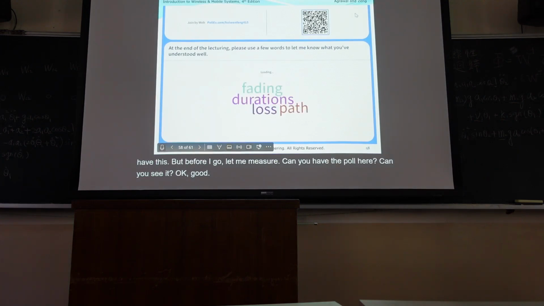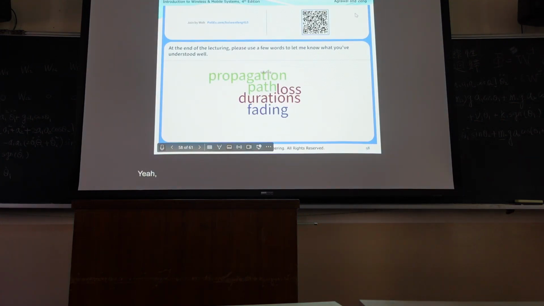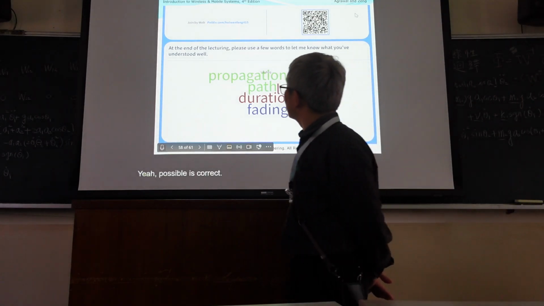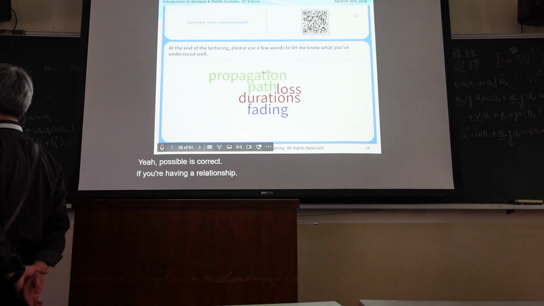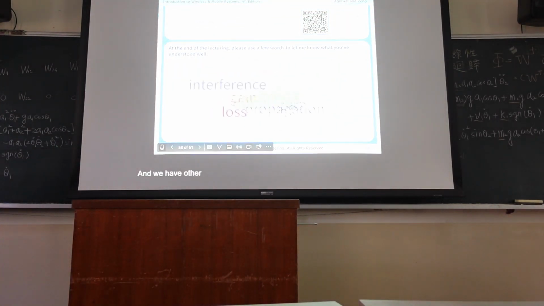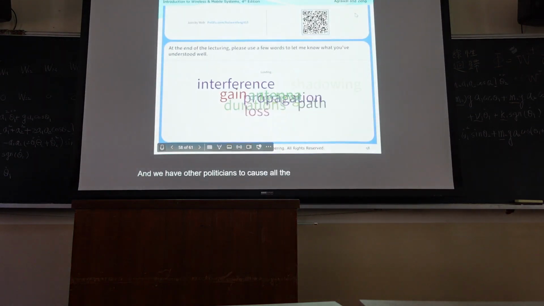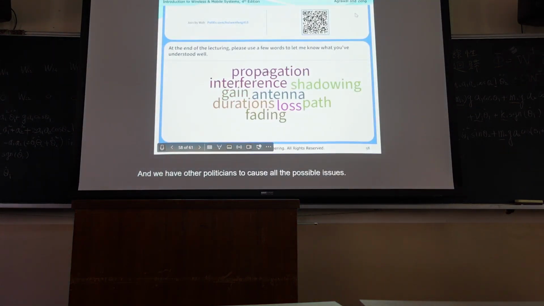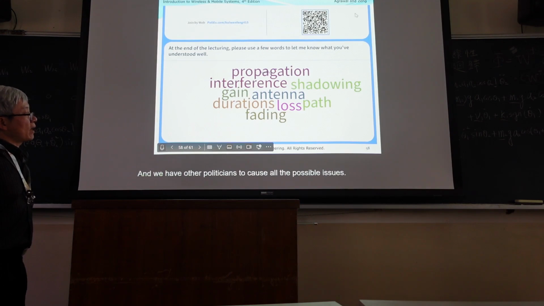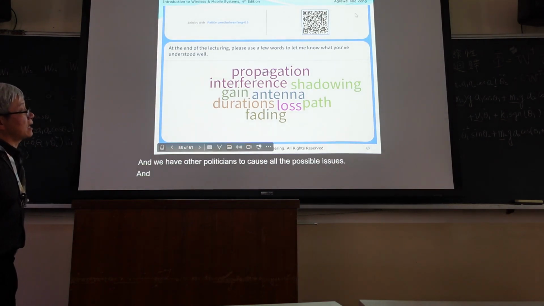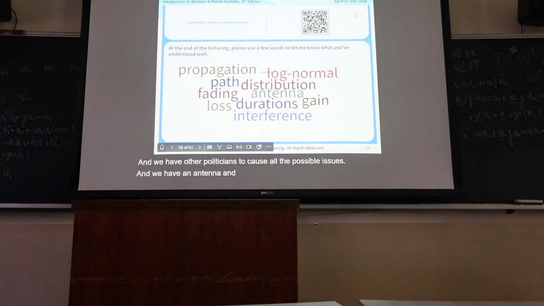Yes, that one is correct. Fading, duration, and we have the propagation that causes all the possible issues. And we have an antenna, and an antenna can have different gain. That's correct.